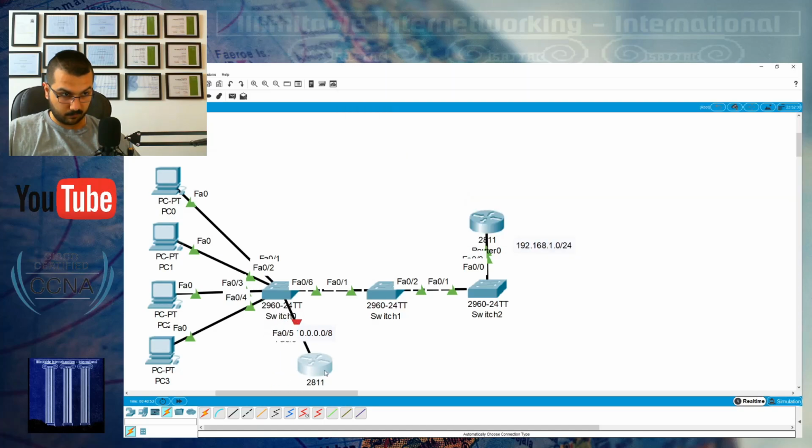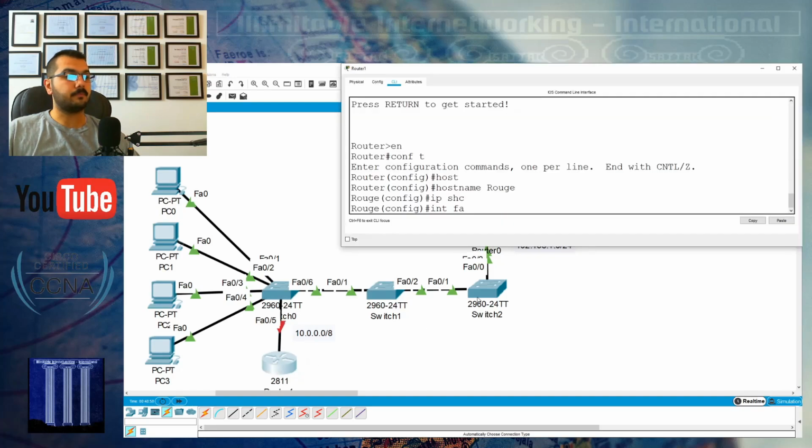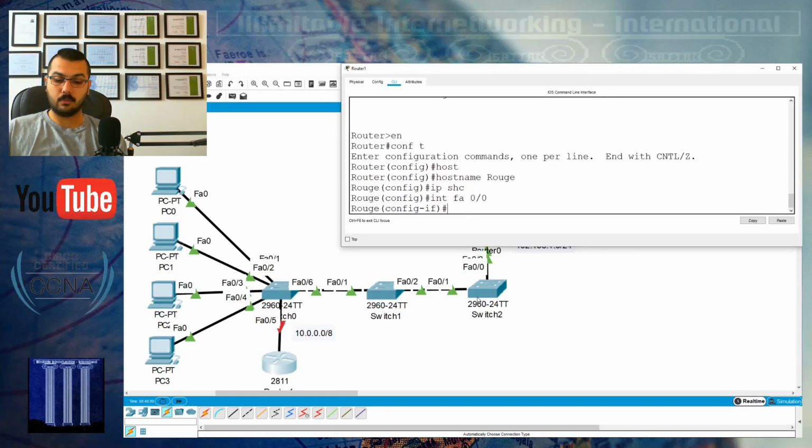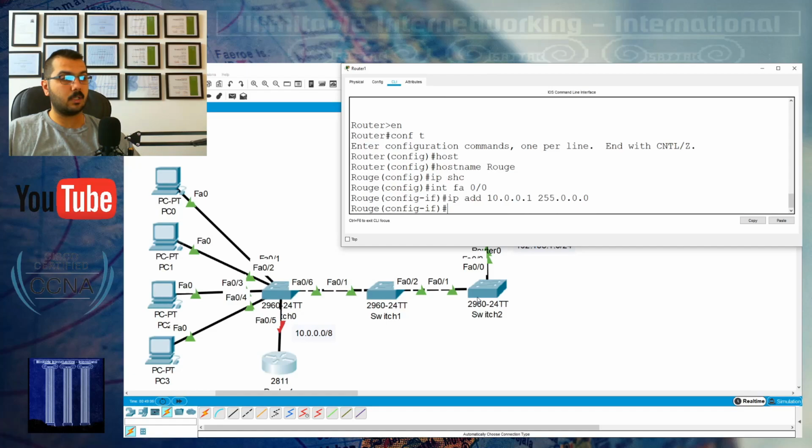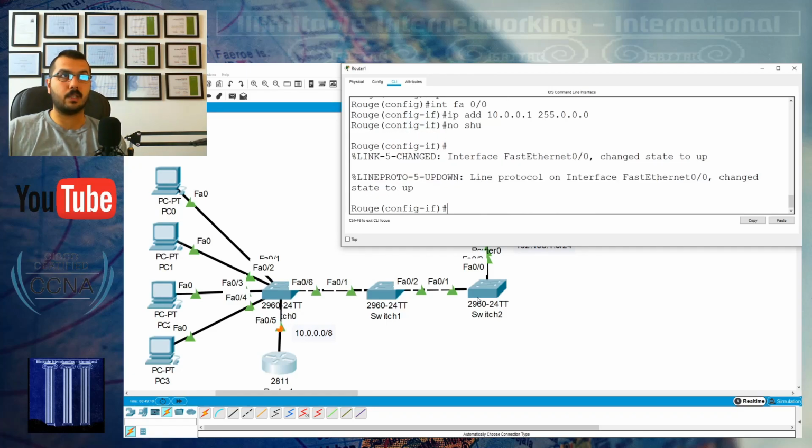Why the 5? The 5 is here. Oh, yes, it's the 0/0. IP address should be 10.0.0.1 /8. No shutdown. You see, he's using a /8, like he's giving more than 16 million. Okay, let's see what will happen.